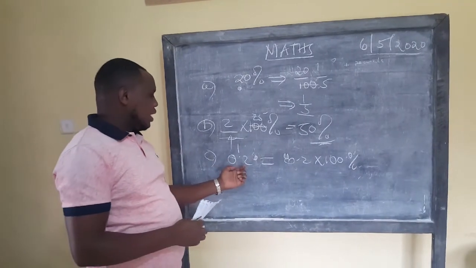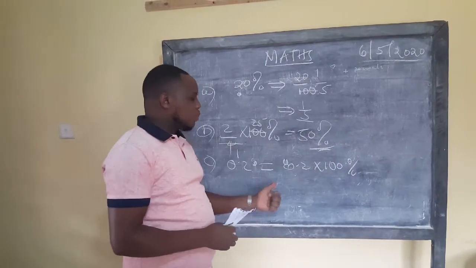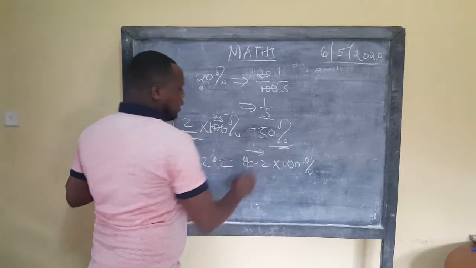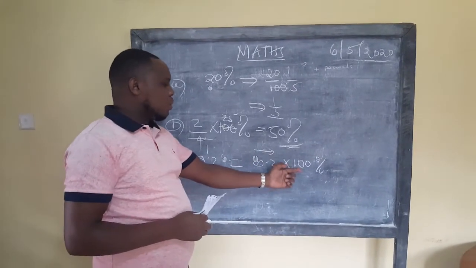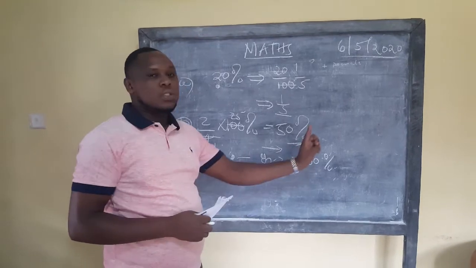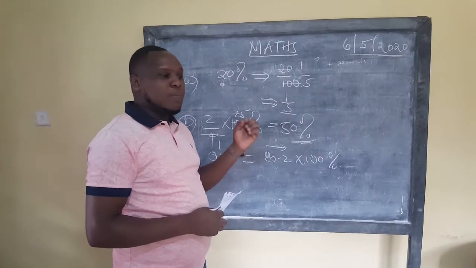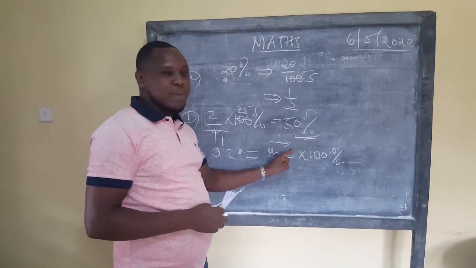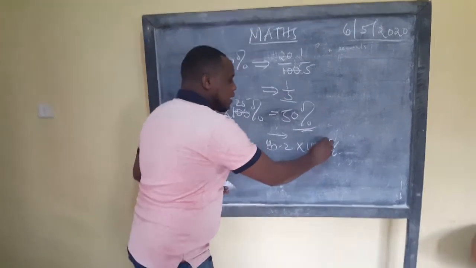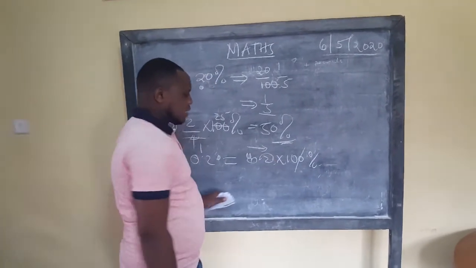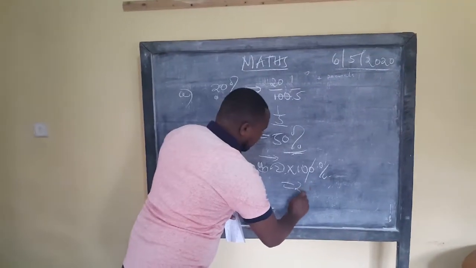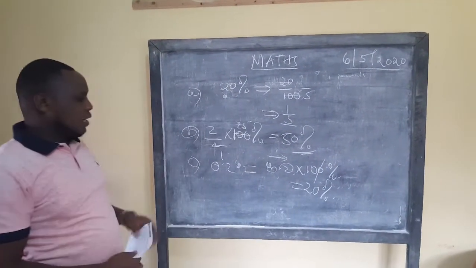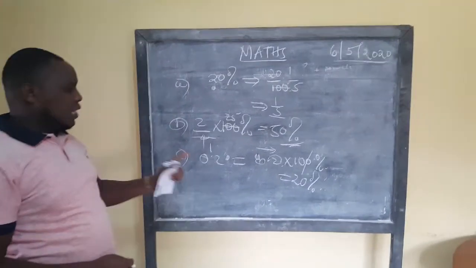When you multiply a decimal by 100%, the decimal point moves forward, so you just count the number of decimal places. We have one digit in this decimal, so one decimal place, which is cancelled by one 0, moving the decimal point. So you get just 20%. That is method number one.